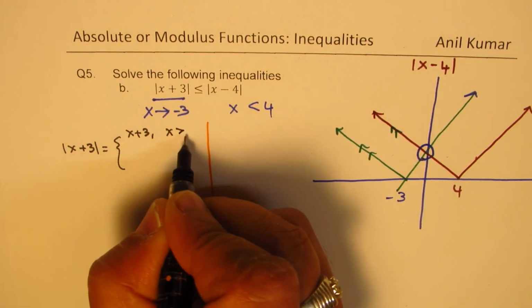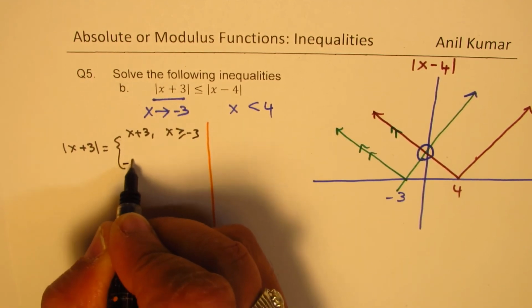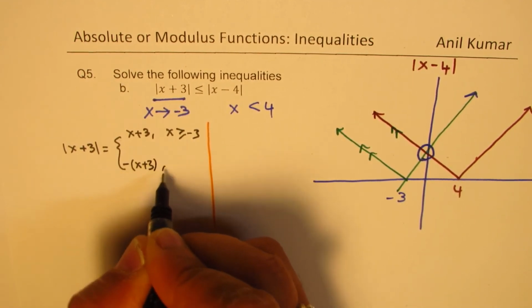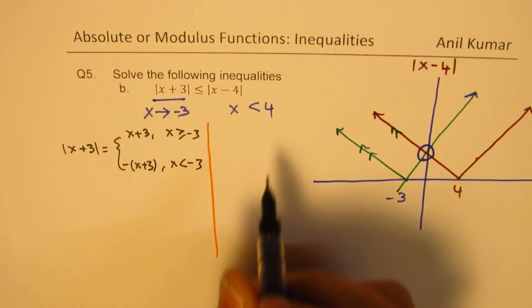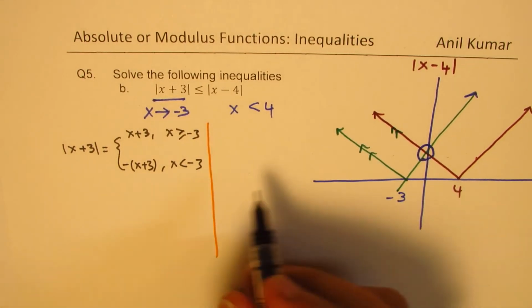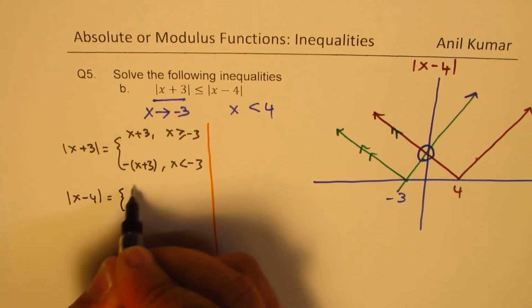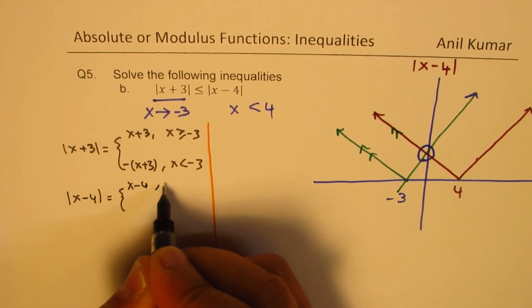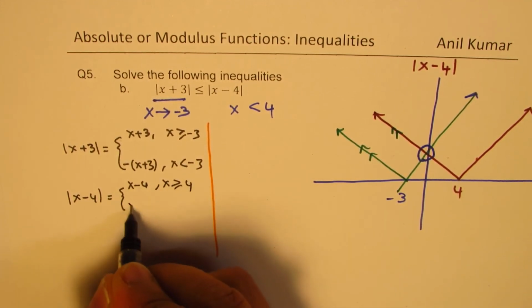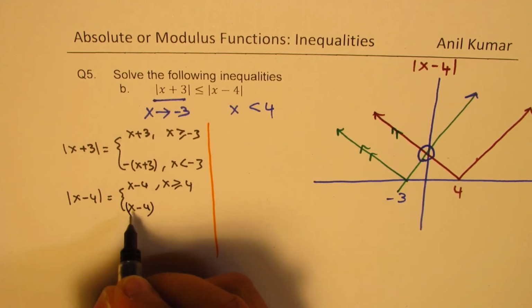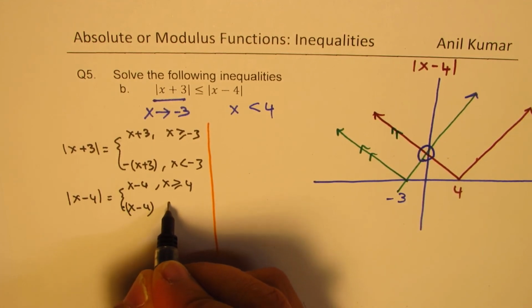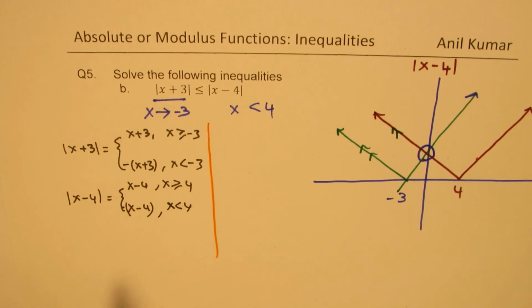For x greater than or equal to minus 3, it is x plus 3, and it is the negative of x plus 3 for x less than minus 3. As far as the other one goes, the absolute value of x minus 4, it is positive for x greater than or equal to 4, but it is negative for x less than 4, correct?